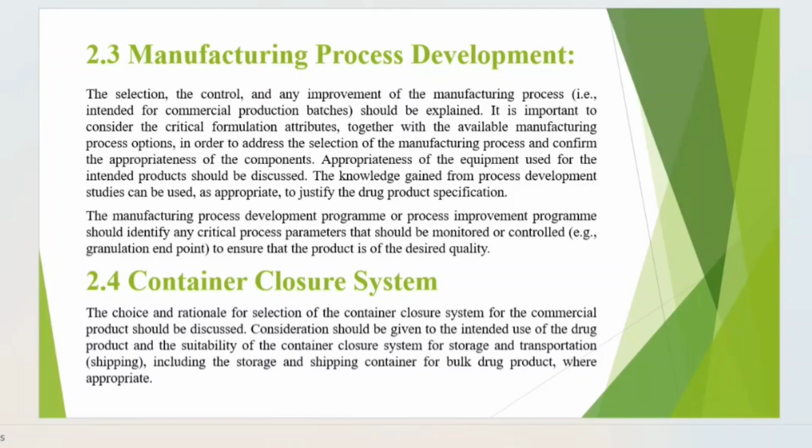It is important to consider the critical formulation attributes together with available manufacturing process options in order to address the selection of the manufacturing process and confirm the appropriateness of the components.